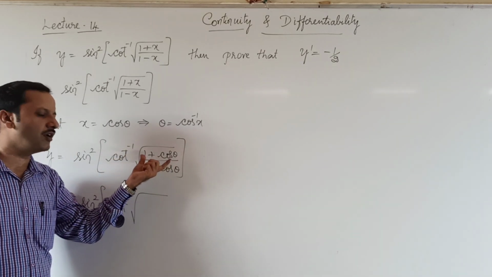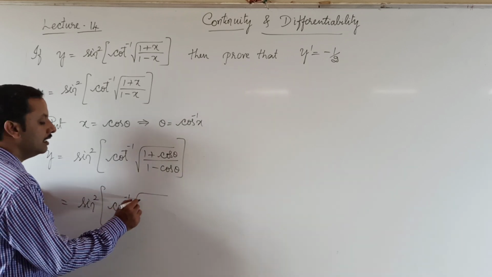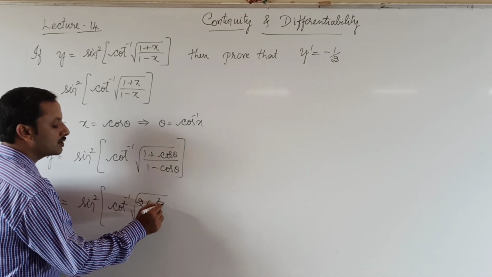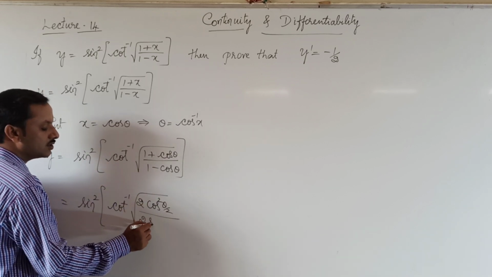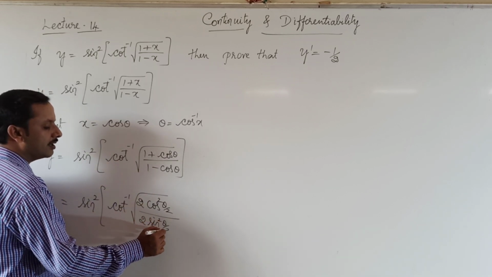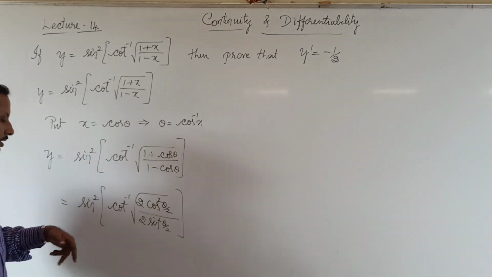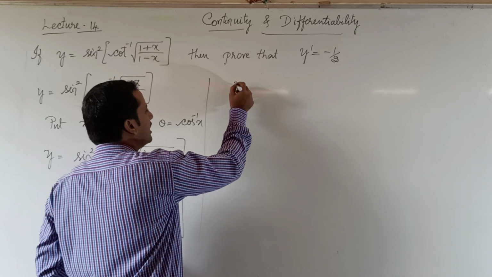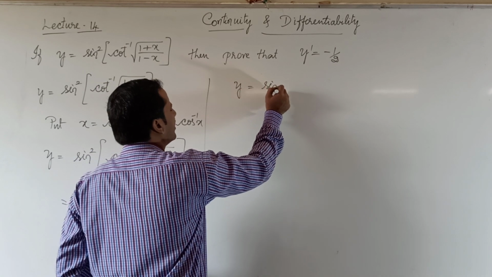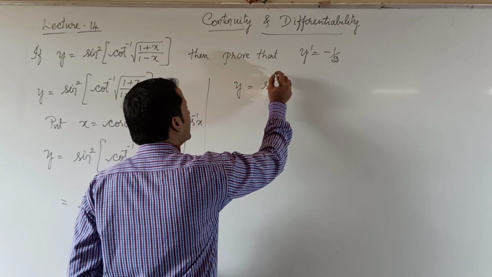We have a very well known formula for this. 1 plus cos theta is equal to 2 cos square theta by 2. 1 minus cos theta, that is 2 sine square theta by 2. The 2 gets cancelled. Cos square theta by 2 divided by sine square theta by 2, that will become cot square theta by 2.